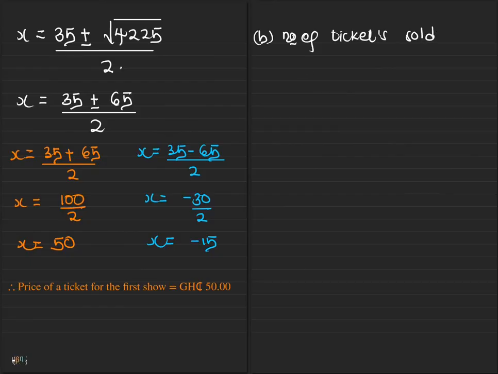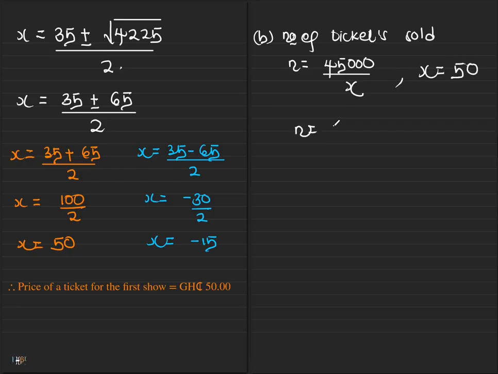So we say the number of tickets sold, that is n, per our change of subject, we had 45,000 over x, and our x is simply the 50.